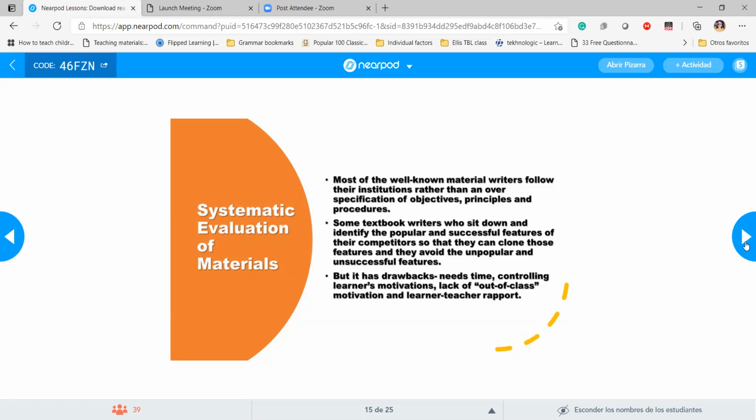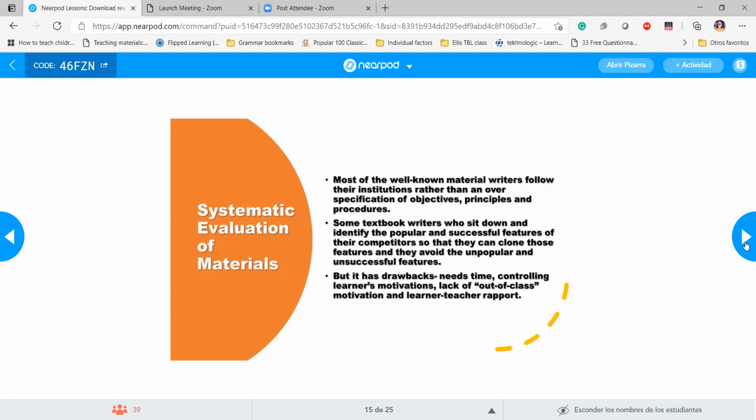It says that some textbook writers sit down and identify the popular and successful features of their competitors, and they clone those features and avoid unpopular and unsuccessful features. This happens a lot in the language books that we find. You're going to see that most books have a lot of things in common, like conversation models, conversations that are very robotic, like, hello, how are you today?